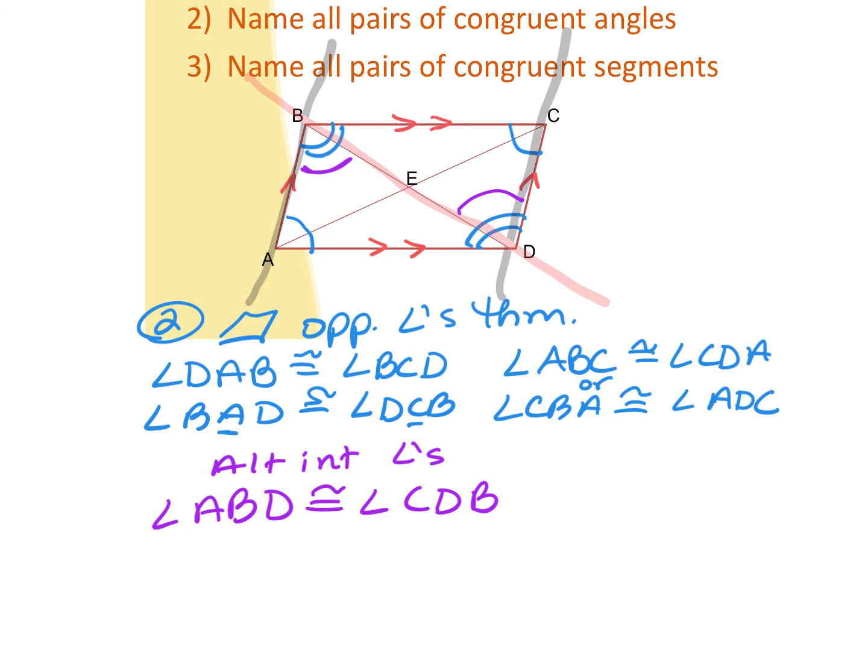Then what I can also do here is draw in the other transversal. So same parallel lines, but now let's say this transversal, let me do it in highlight, making this one. So now I have this angle that's formed.